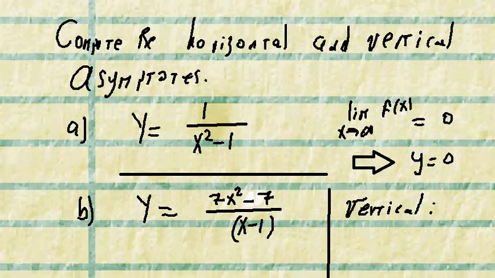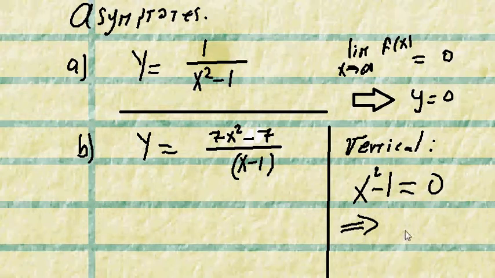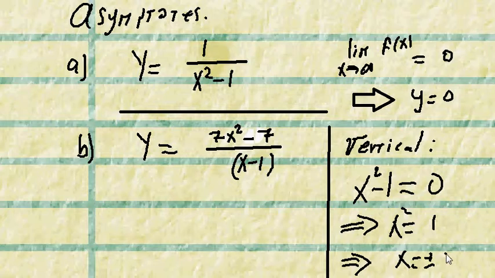I'm going to look for the x values that are solutions to the equation where the denominator is equal to 0. Well, x squared minus 1 equals 0 implies that x squared is equal to 1, and this further implies that x is equal to plus or minus 1.